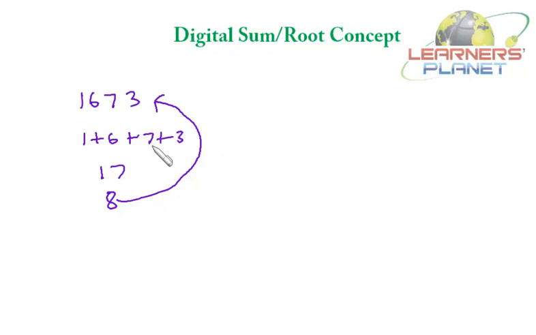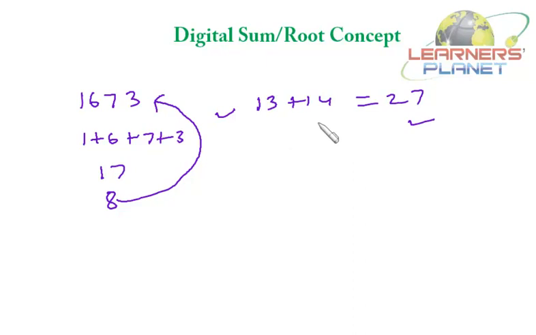So this concept is very useful in competitive examinations when you wish to eliminate the options. What happens, friends, whatever calculation you have been given, suppose you are given 13 plus 14 and it is 27, the digital root of the left hand side is always equal to the digital root of the right hand side. If you know the digital root of the left hand side, then you can choose the option which matches the digital root of this expression.